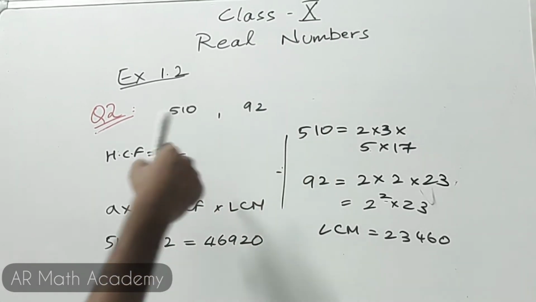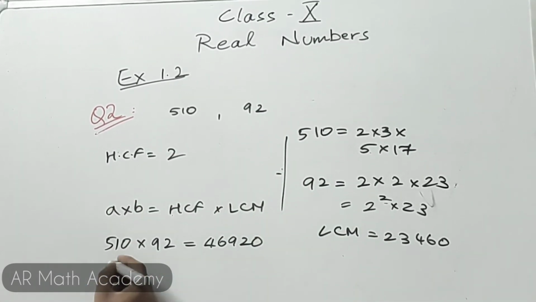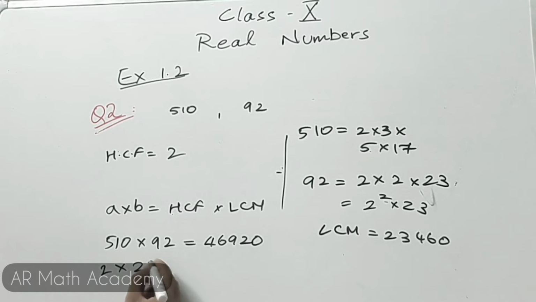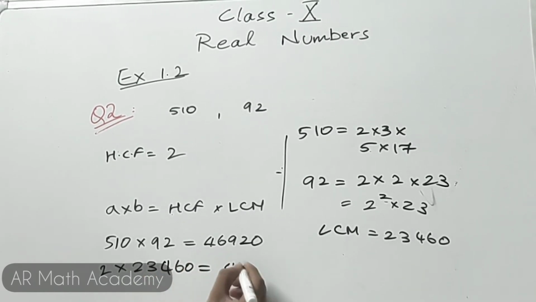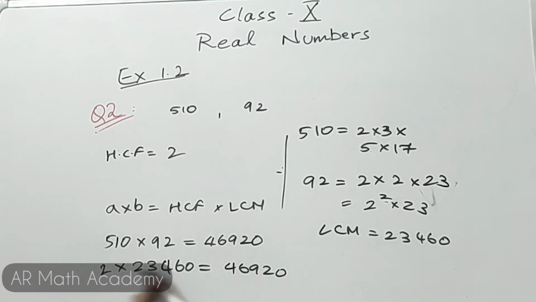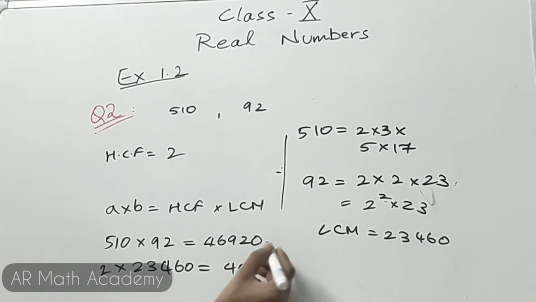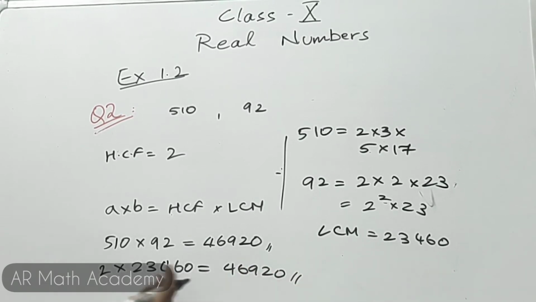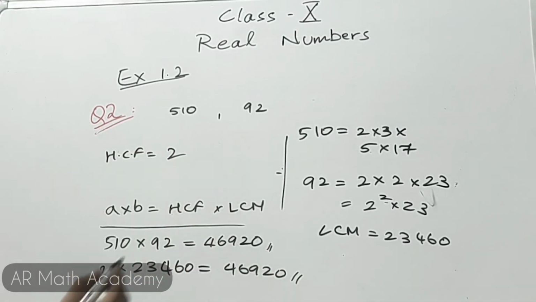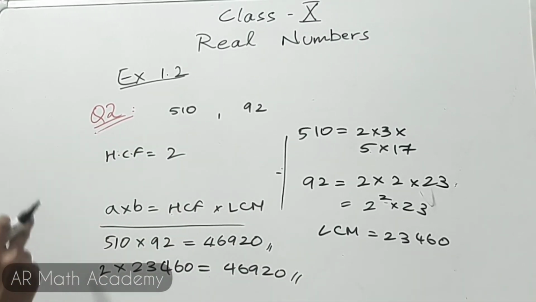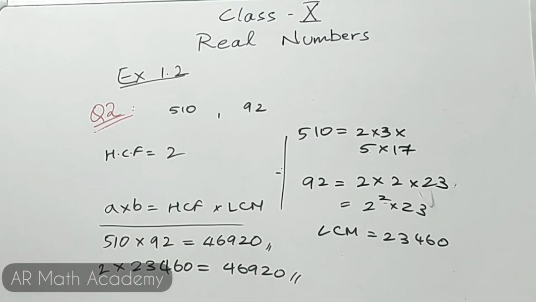So HCF is 2 and LCM is this number, so 2 times 23,460. Then this will also give us the same answer, 46,920. It's multiplication by 2 only, right? So 46,920 is the answer for both the cases. Hence, this A times B equals HCF times LCM is a valid statement, thus it is verified.